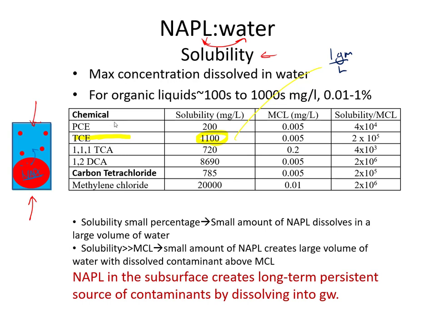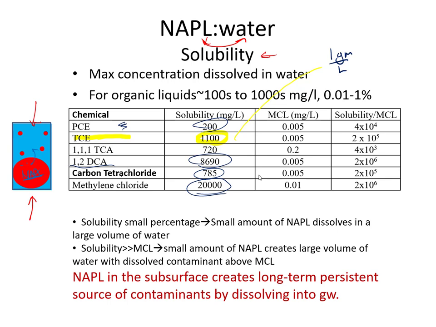And if we look at some of these other compounds, PCE is a bit less, 1,2-DCA is a bit more, carbon tet is similar, and methylene chloride is a good bit more.